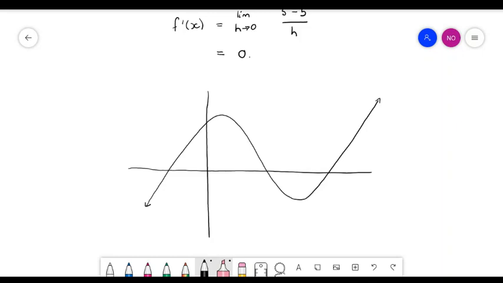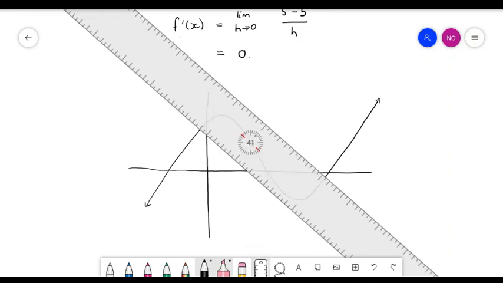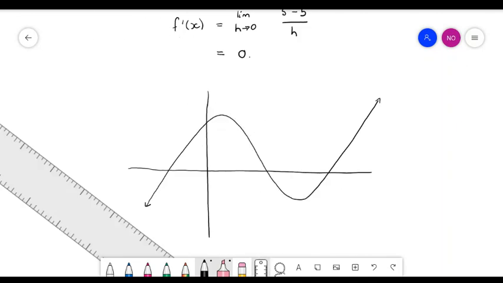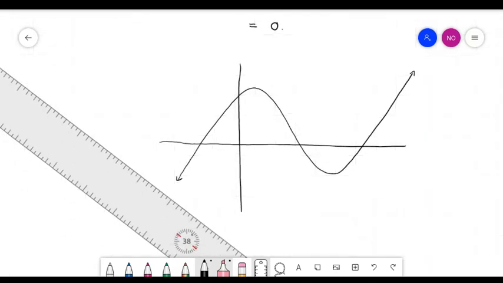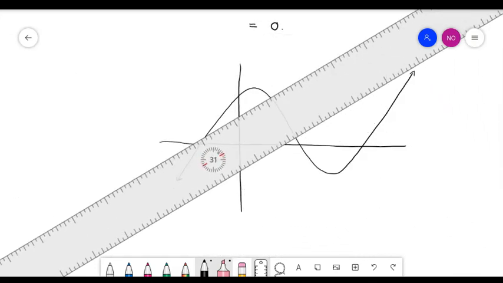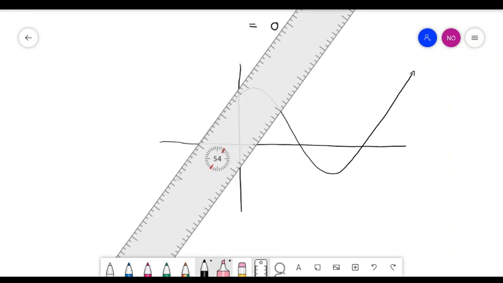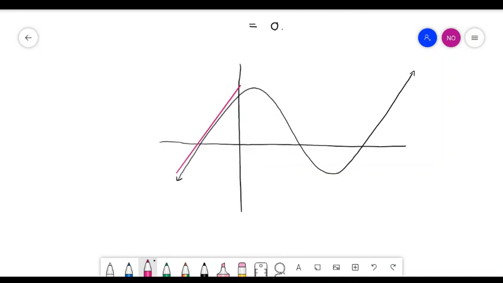Okay, goed. Sien julle dat die gradiënt van daai lyn heeltyd verander? The gradient of that line isn't a constant number. If we go and we draw a tangent at this point, let's say that is at x equal to -2.